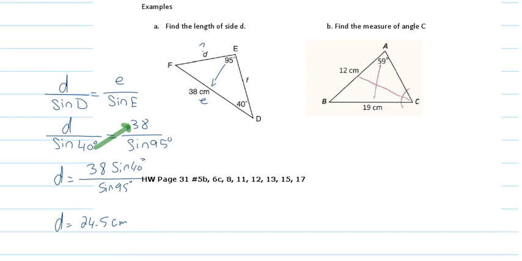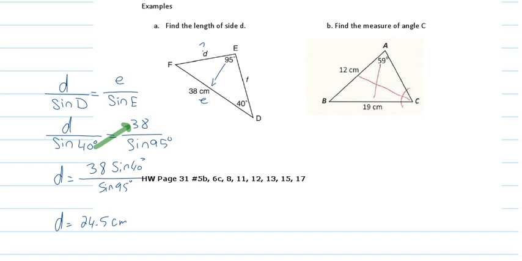Eyes on the board, please, because this is important here. If you don't have the opposite angle, you won't be able to solve that triangle using the sine law. Okay? So in this case, I have an angle on its opposite side. I have another side, and I'm looking for angle C.